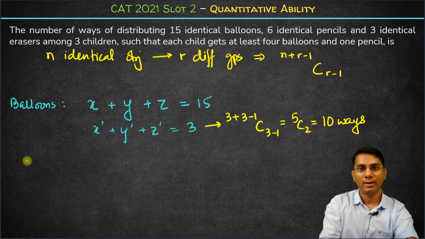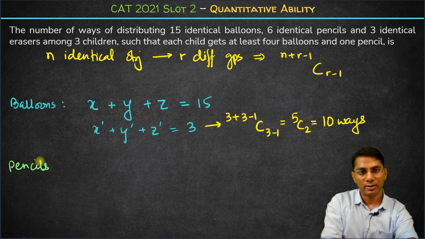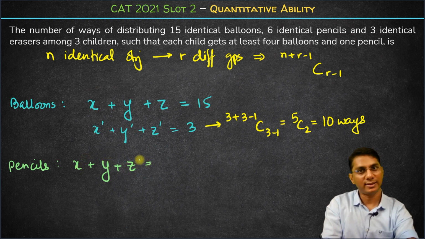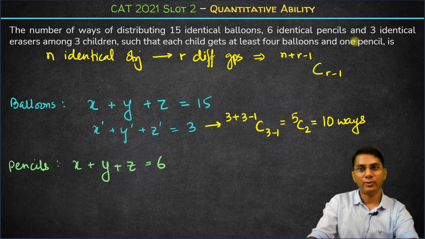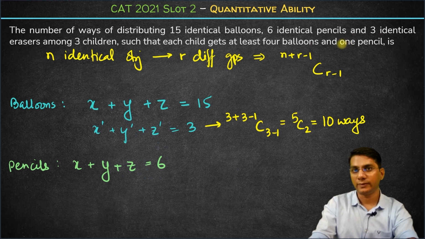Next, let's look at pencils. So assuming that each child gets X, Y and Z pencils, the first child gets X pencils, the second gets Y pencils and the third gets Z pencils. This total should be equal to 6 identical pencils. But again we have to give at least 1 pencil to each of these children.